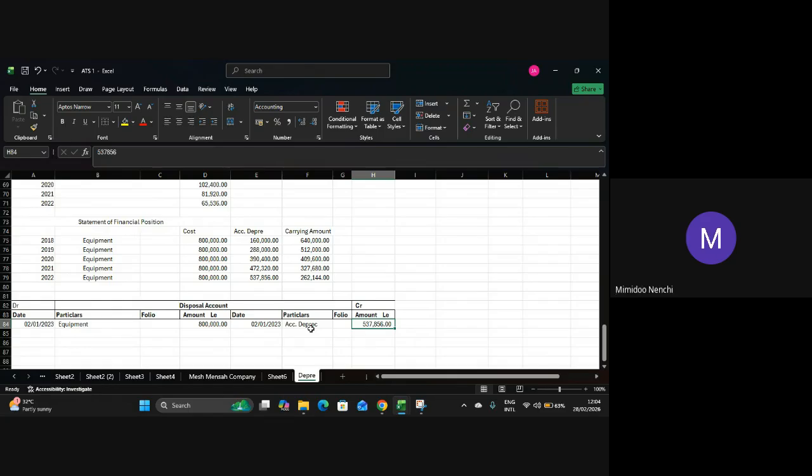Cash. We debit our cash, then we credit our disposal account. If it is actually on credit, it will be a receivable account. Are we together? Since we've received our cash, so you say cash, how much? 300,000 naira.